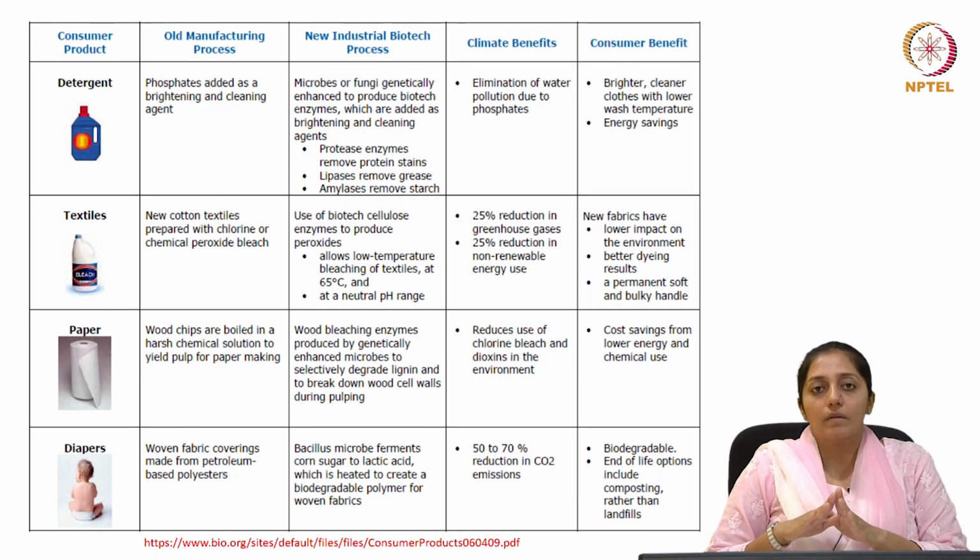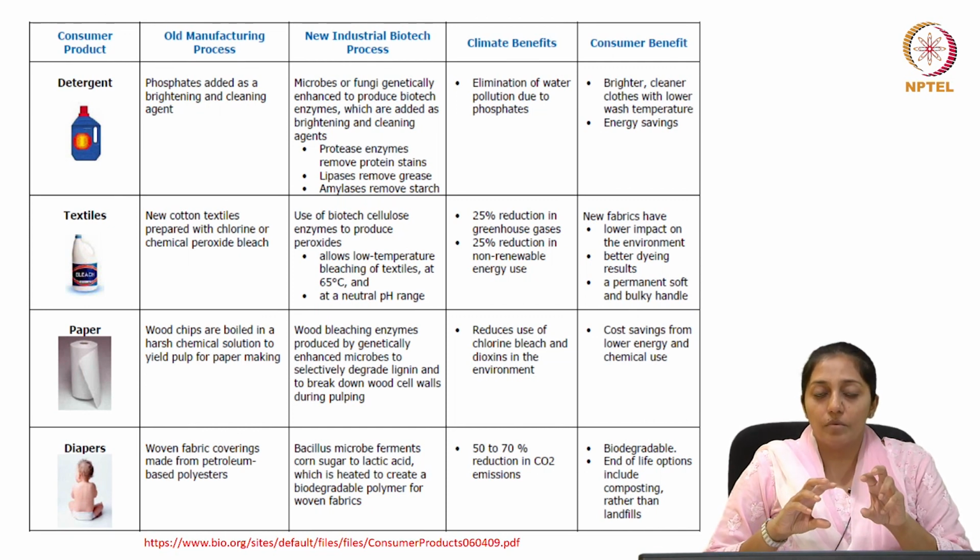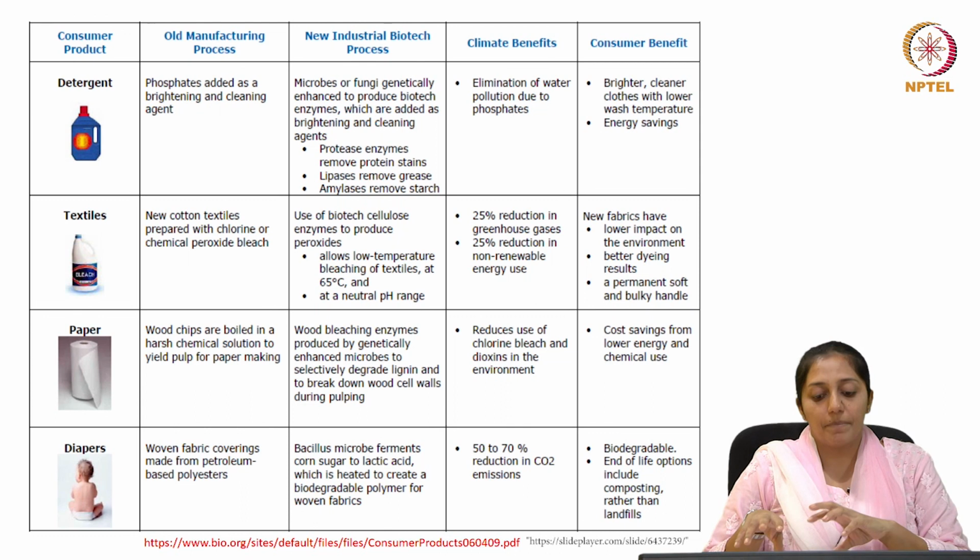So now with biotechnology intervention, there are certain microbes which can produce a set of enzymes ranging from proteases, lipases, amylases, which have the capability of degrading different types of stains, or cellulases which have the capability of degrading the cellulose and making it easier for processing of pulp in the paper industry.